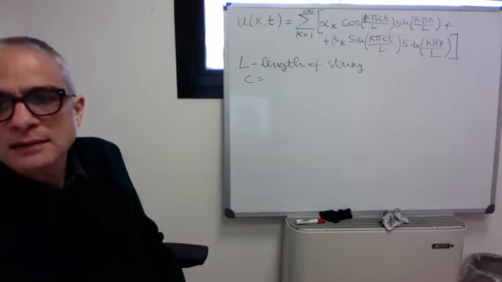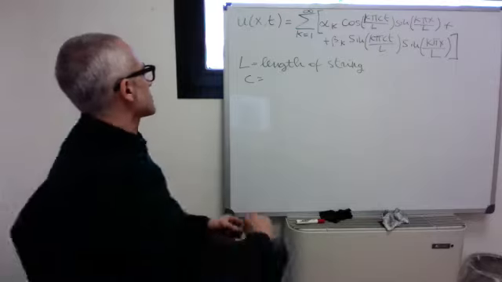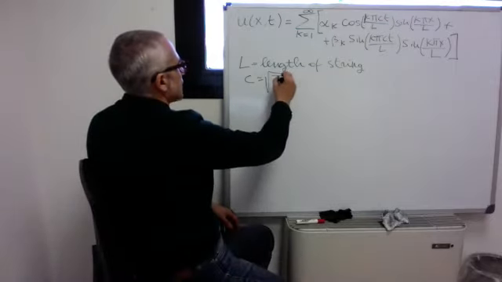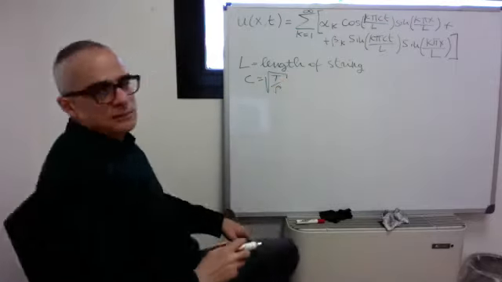I always get this one wrong. So C is the square root of tension to density of the string.